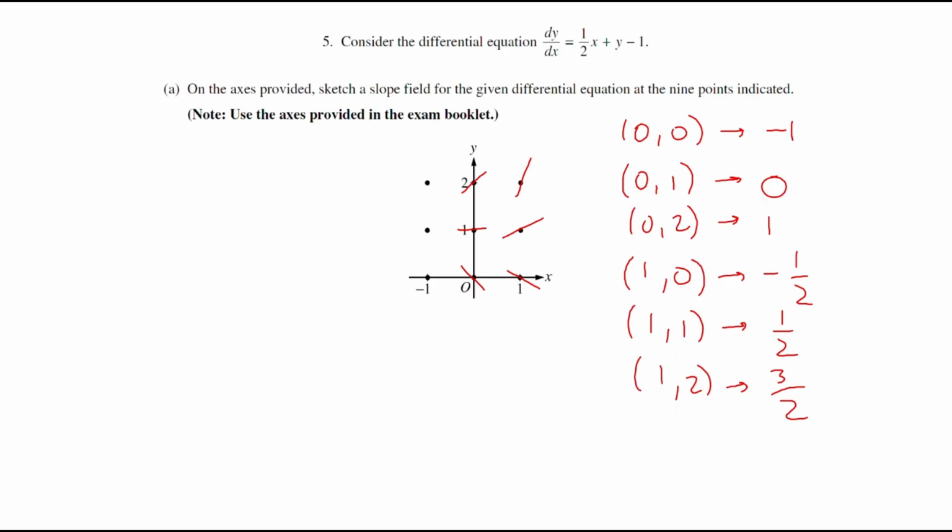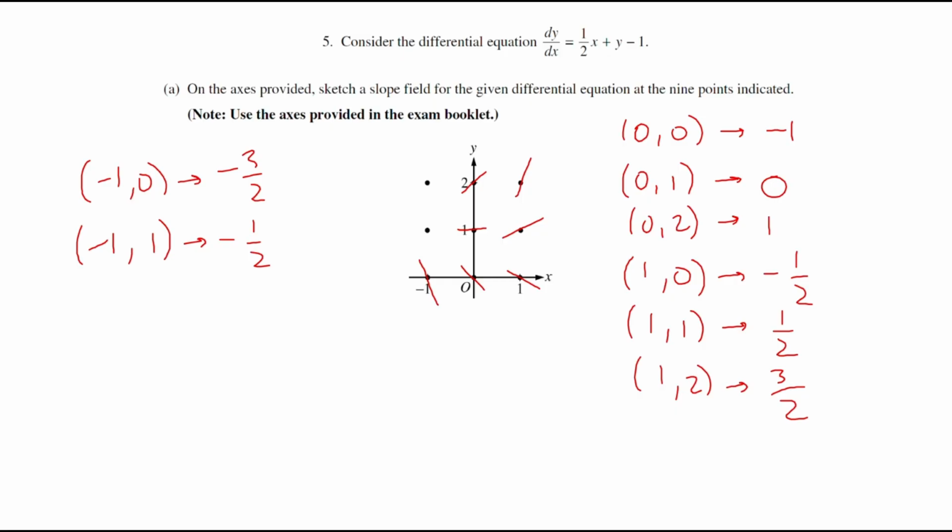And then when we do -1, 0, if we plug in -1 for x, we're getting -1/2. So we have -1/2 plus 0 minus a half is -3 halves. So this one should be about as steep as the other one was for 3/2, just in the opposite direction. When we do negative 1, 1, we'll have negative 1/2 plus 1 minus 1, so that's just going to be negative 1/2.